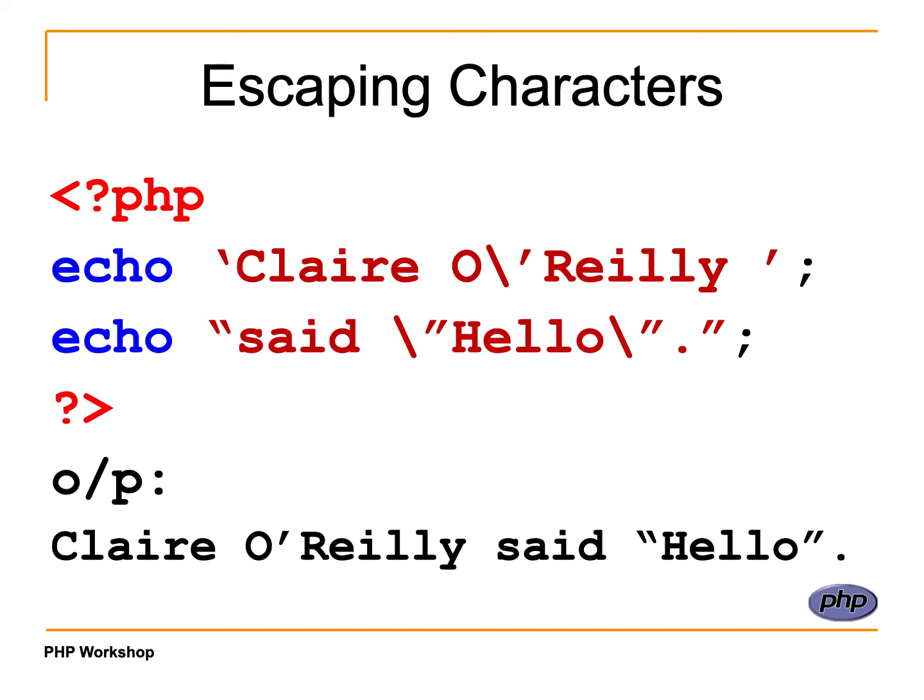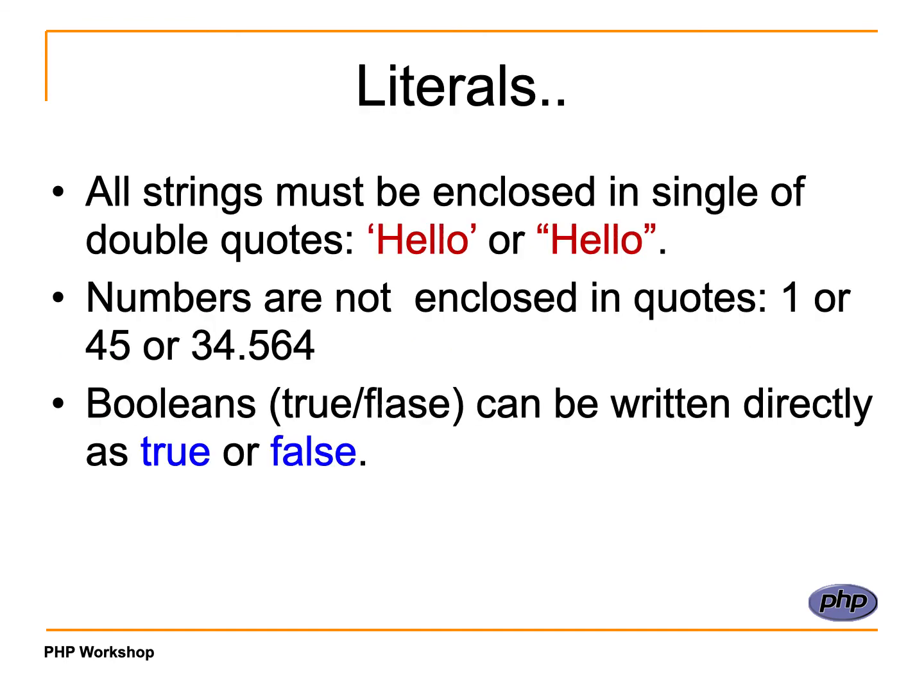Now we will see another thing, that is literals. All strings must be enclosed in single or double quotes, like 'hello' in single quotes or "hello" in double quotes. Numbers are not enclosed in single or double quotes, like 1 or 45 or 34.564.